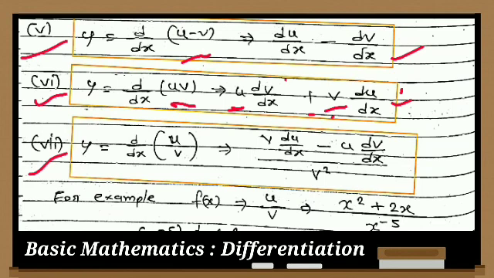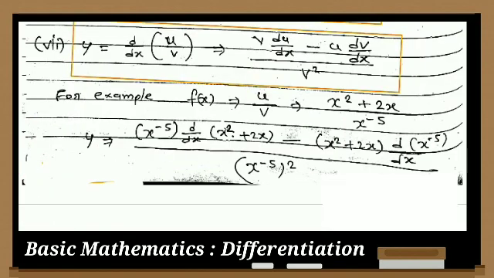In the sixth formula we saw the multiplication, that means uv, and in the seventh formula we will see the division, that means u upon v. So how does the differentiation take place? The formula is v du by dx minus u dv by dx, upon v square. This is the formula. You have to learn this formula.